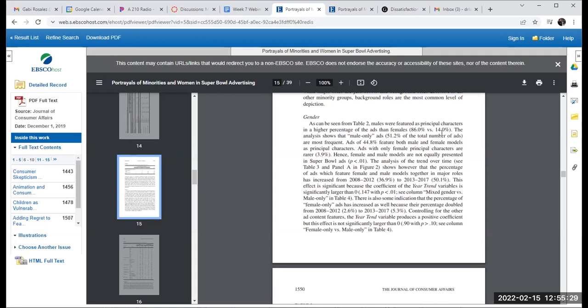But now they continue on, and let me read this piece right here. Hence, female and male models are not equally presented in Super Bowl ads. P is less than 0.01. And when you read a journal article, they will always cite the p-value when they do this kind of study.